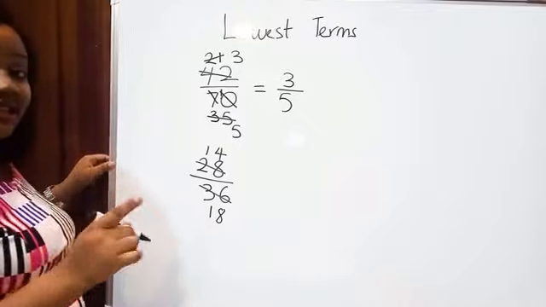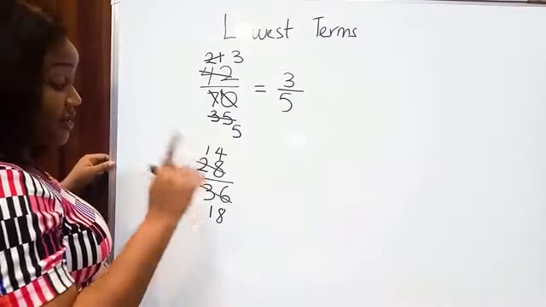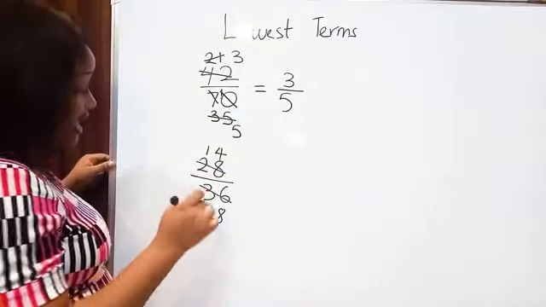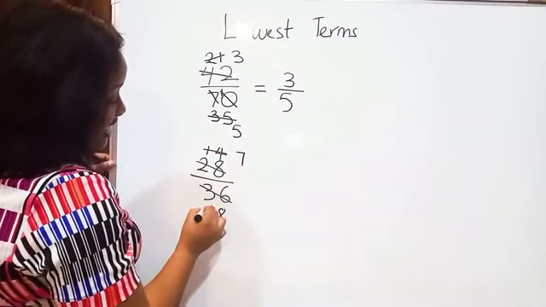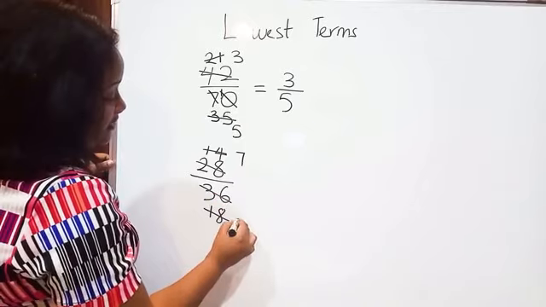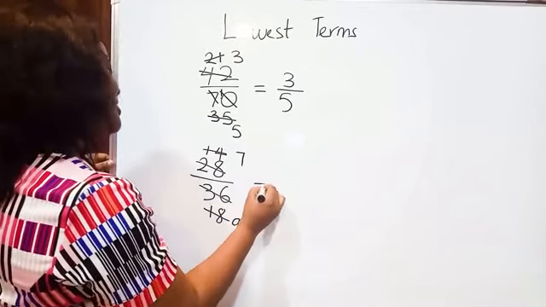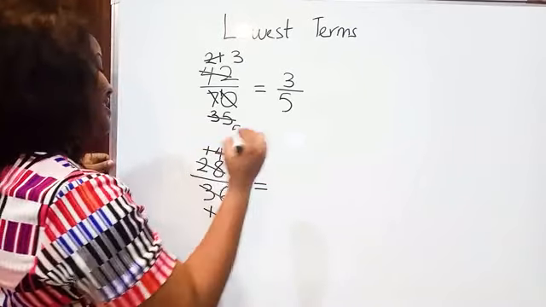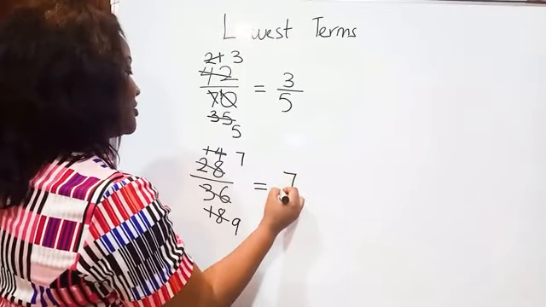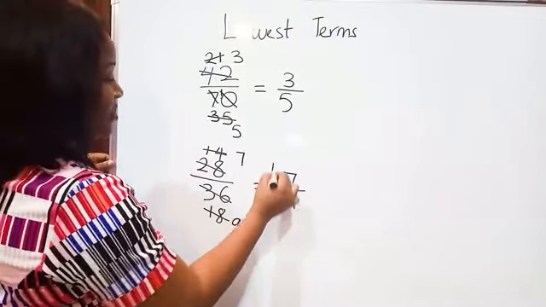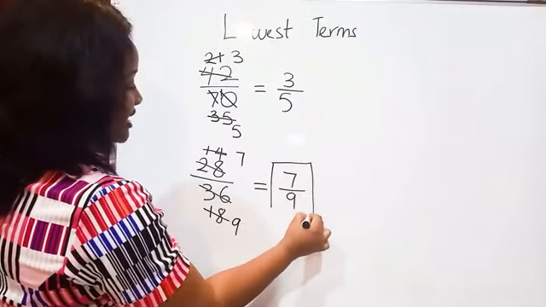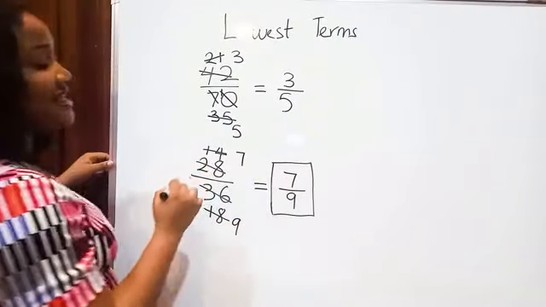And they're still even numbers, so 2 can go again. So 14 divided by 2 gives us 7. And 18 divided by 2 gives us 9. And so, my dear friends, we have 7 over 9 as the simplest term for 28 over 36.